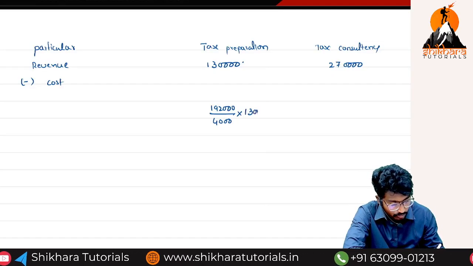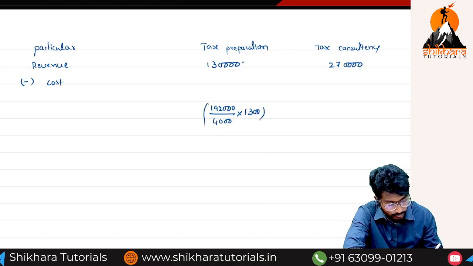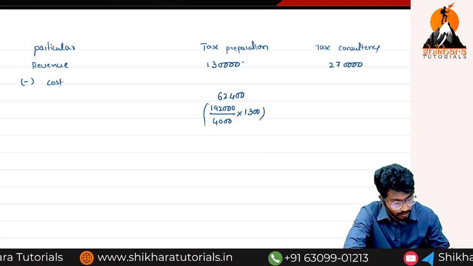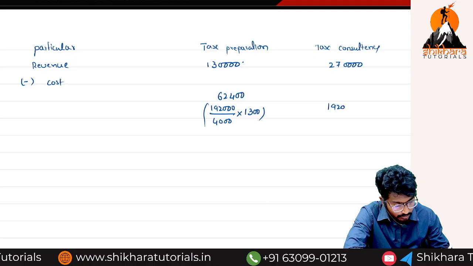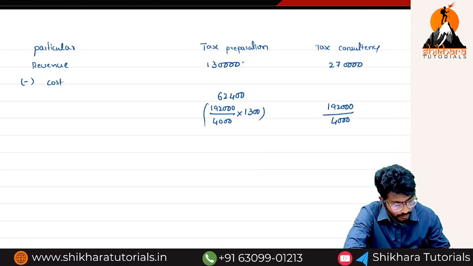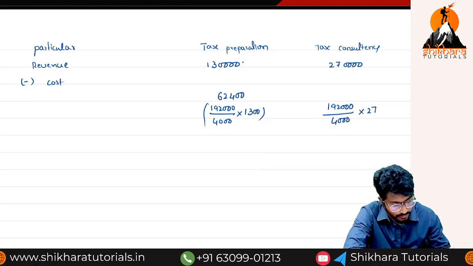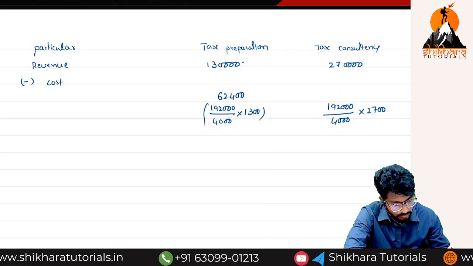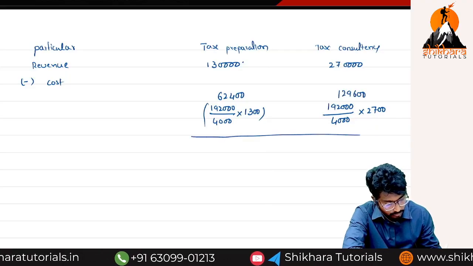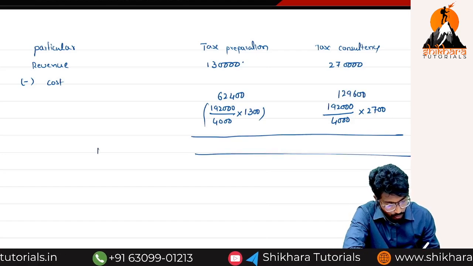Now tell me the amount. 62,400. Next, 1,92,000 divided by 4,000 into 2,700. Profit.